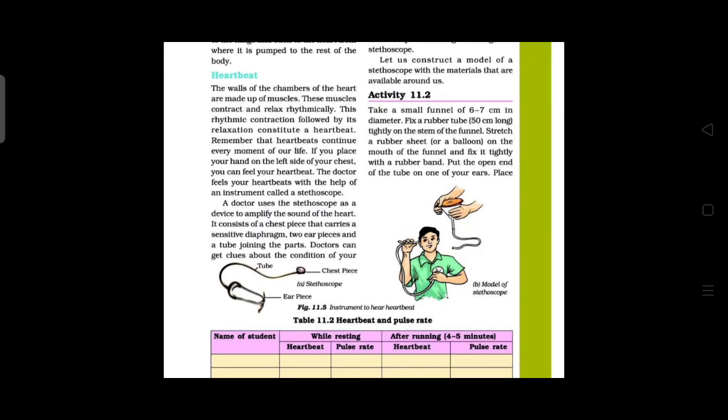Doctors can get a clue about the condition of your heart by listening through a stethoscope. The stethoscope helps the doctors to get some clue. While listening to the heartbeat, doctors identify problems in our heart and in our body also.